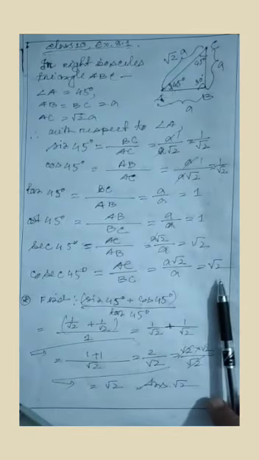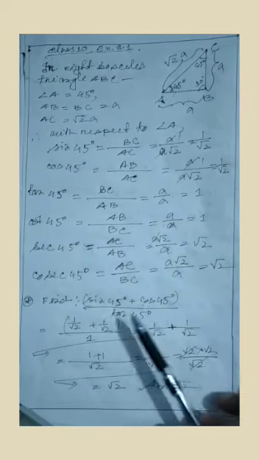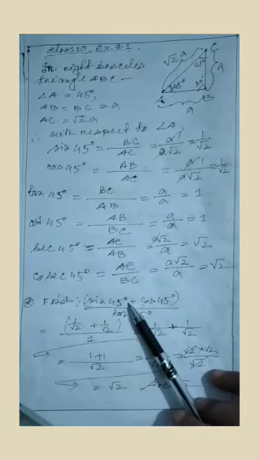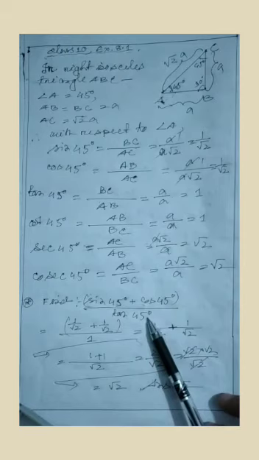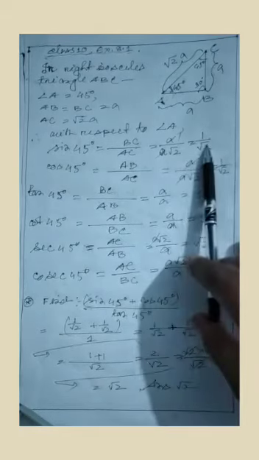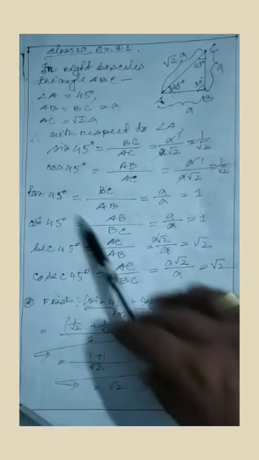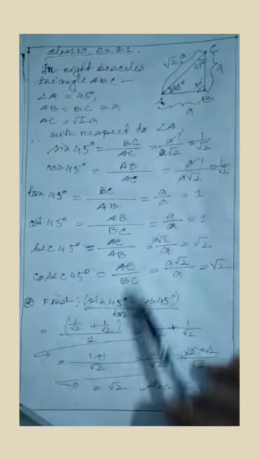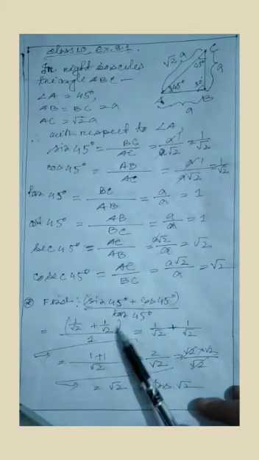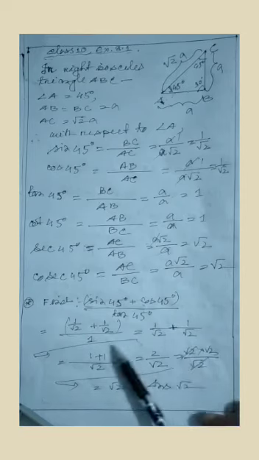Now I will show you a very simple application. Suppose you are asked to find sin 45 plus cos 45 by tan 45. From the table, sin 45 equals 1 by root 2, cos 45 is 1 by root 2, and tan 45 equals 1. So 1 by root 2 plus 1 by root 2 divided by 1.